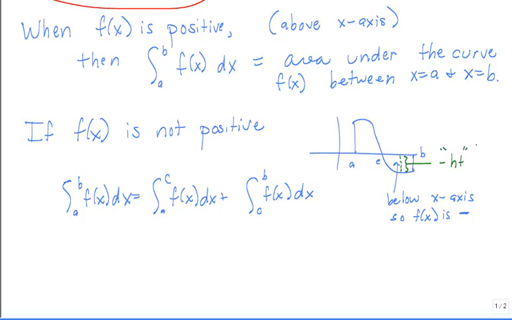That doesn't make any sense, but that's going to be negative. So if this is area A and this is area B, then this is going to be A minus B, because this integral from C to B is going to be negative because it's below the x-axis. So what it represents is the net difference in the areas.